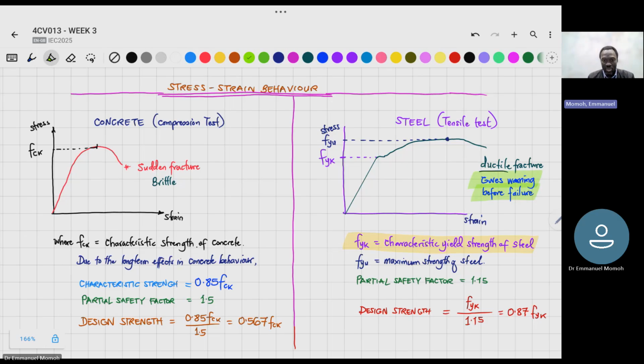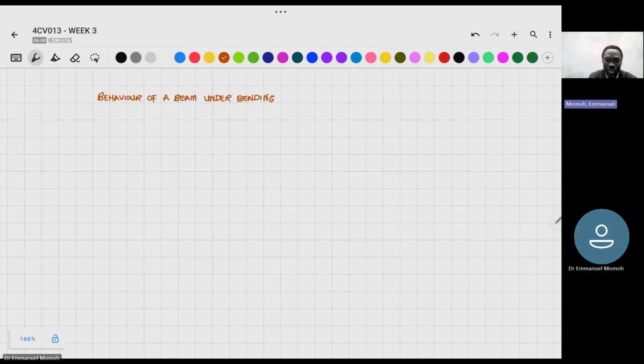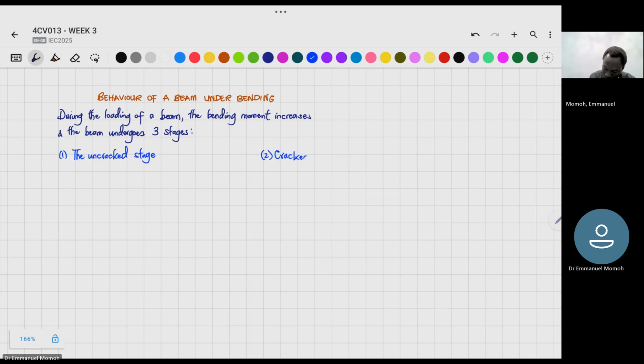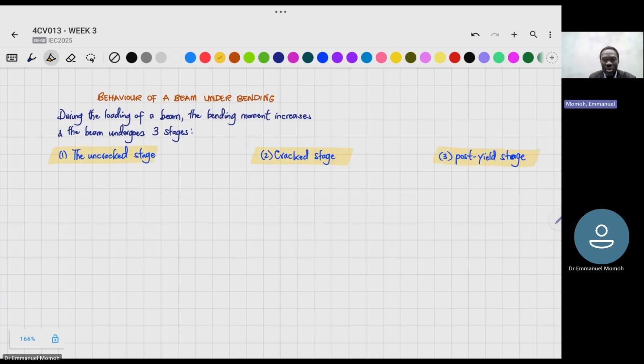Good. Next, we shall now look at the behavior of a beam under bending. So when we load a beam, as the bending moment increases, the beam goes through 3 stages. The 3 stages are the uncracked stage, the cracked stage, and the post-yield stage. In the uncracked stage, the concrete resists both compression and tension, so there are no visible cracks and the behavior of the beam is linear and elastic.